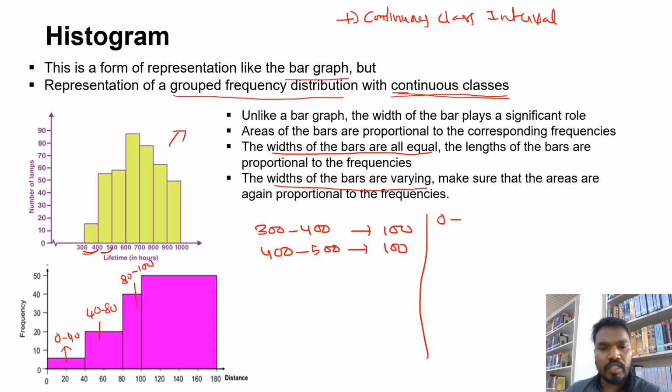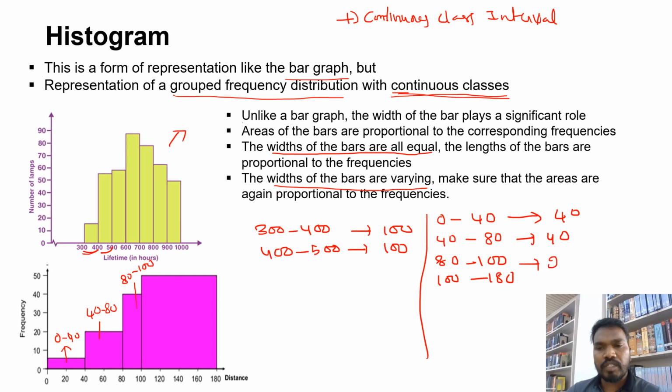The first interval is 0 to 40, the second one is 40 to 80, and then we have 80 to 100. Then we have 100 to 180. Now what is the width here? 40. Here also width 40. But here look at the width. What is the width here? 20. So here the widths are varying and here the widths are the same.